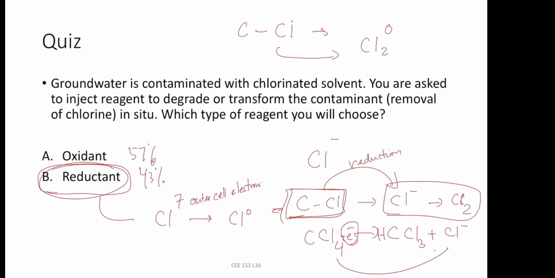Yes, you are right, somebody says that is chlorine oxidation. Yes, this is oxidation, because this is Cl minus. The minus electrons become 0 because you have 2 electrons. So this is the oxidation process. This is a reduction process. So this has to happen first, before the second step.